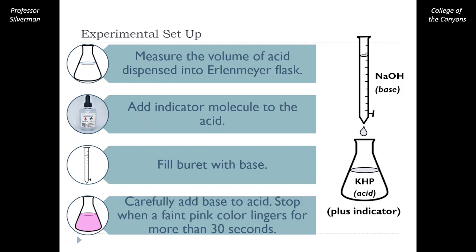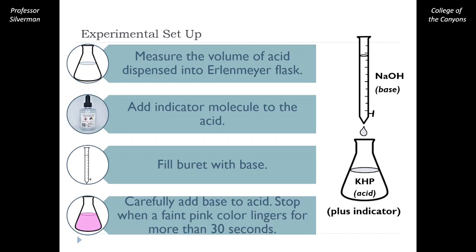Here's what this looks like schematically. We can start with some acid in our flask down below, and maybe some base in our burette up above. This is a specific example with a specific base and acid, but it could be true for whatever base and whatever acid that you want to combine.